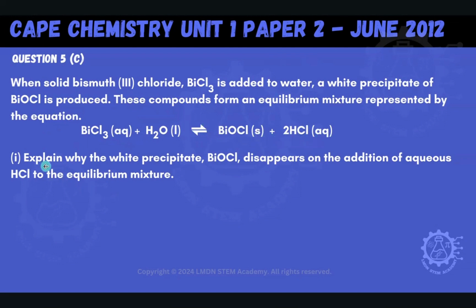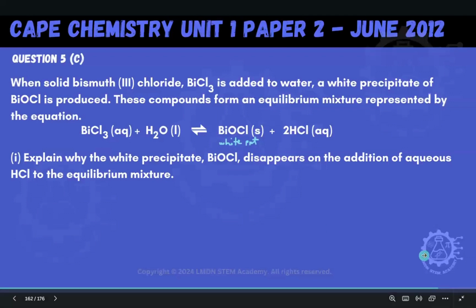So the first question wants us to explain why the white precipitate, which is BiOCl, disappears on the addition of aqueous HCl to the equilibrium mixture, right? So remember, at equilibrium, we will see a white precipitate coming from the BiOCl being present. So let's populate our explanation here.